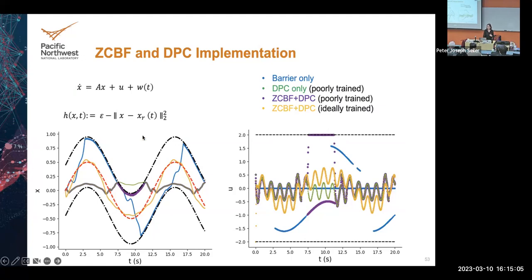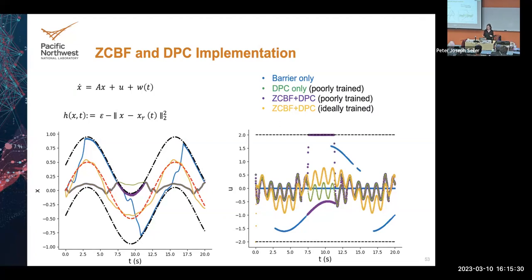And ideally, if you train the DPC in a way in which it becomes aware of the fact that there is a control barrier function that will pull it back, you actually get the best performance, you get the best tracking, and the output never comes close to the edges. So the control barrier function actually never gets triggered.